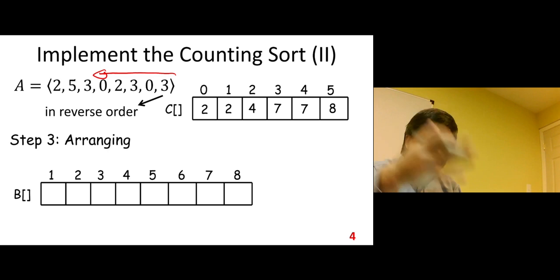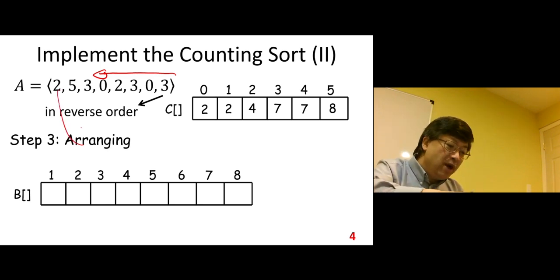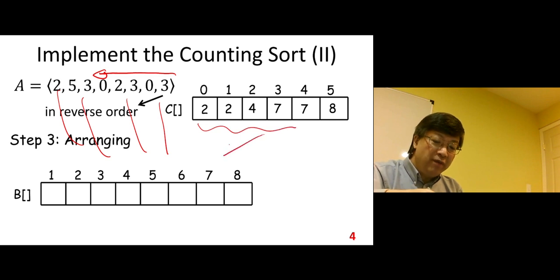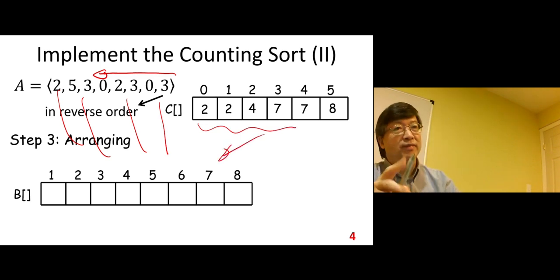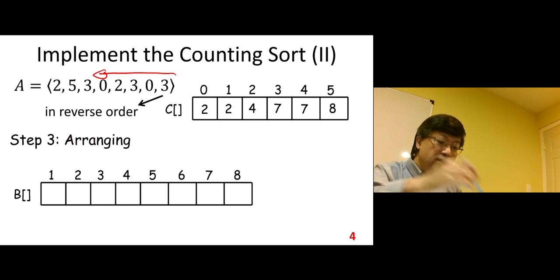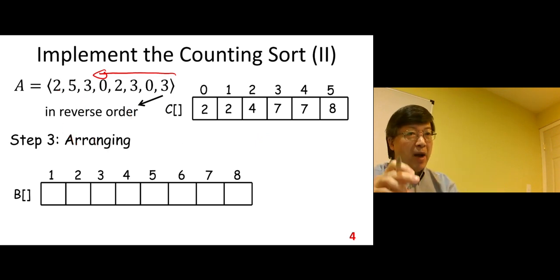So now we place the elements from the A array to the B array using the information from the C array. Let me work through the details one by one.